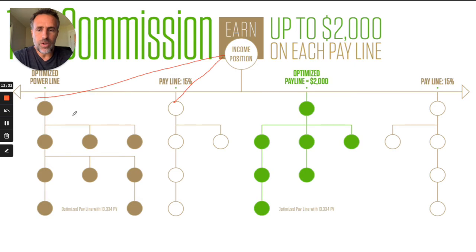So the way it works is there's volume that's going to be built here. And so in this example, let's say that this organization has 13,334 point volume. Let's say this one has, let's say 2,000. This one has 13,334, and this one has, let's say 4,000, okay, of volume.